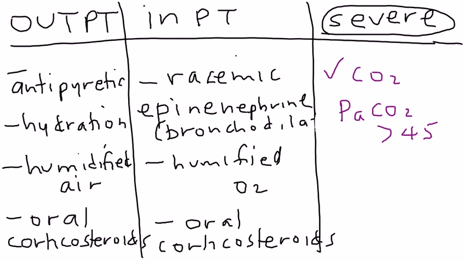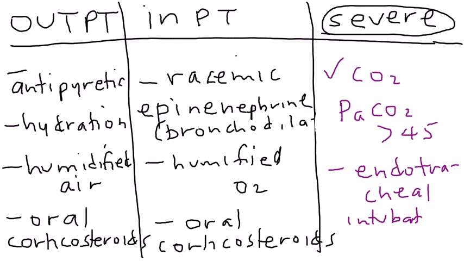So they need intubation, endotracheal intubation. And that will give the child a break, basically, and allow the child to get their ABGs, arterial blood gases, down to normal.